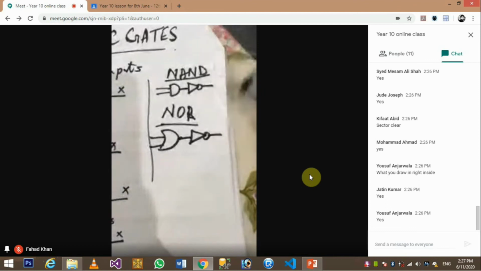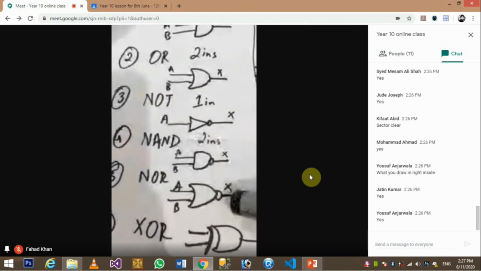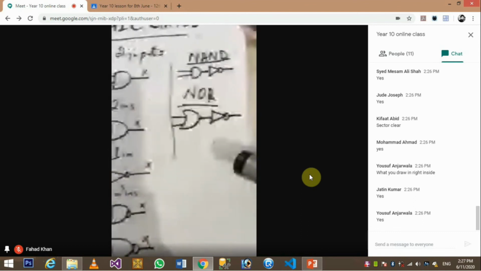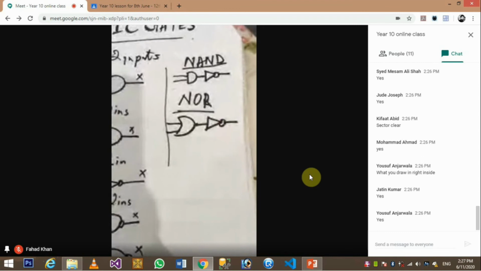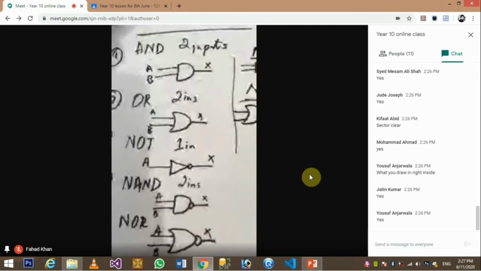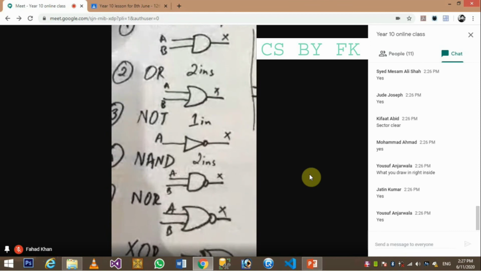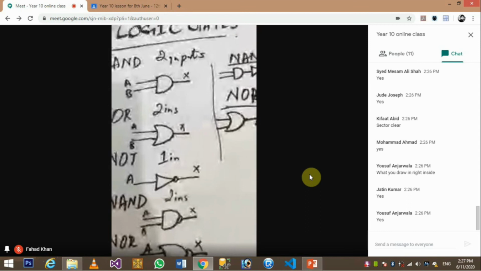So that basically makes this NAND gate. Similarly, for the NOR, you'll find inside one OR gate and then a NOT gate. Clear, Yusuf? Yes, sir. Okay, moving on now.